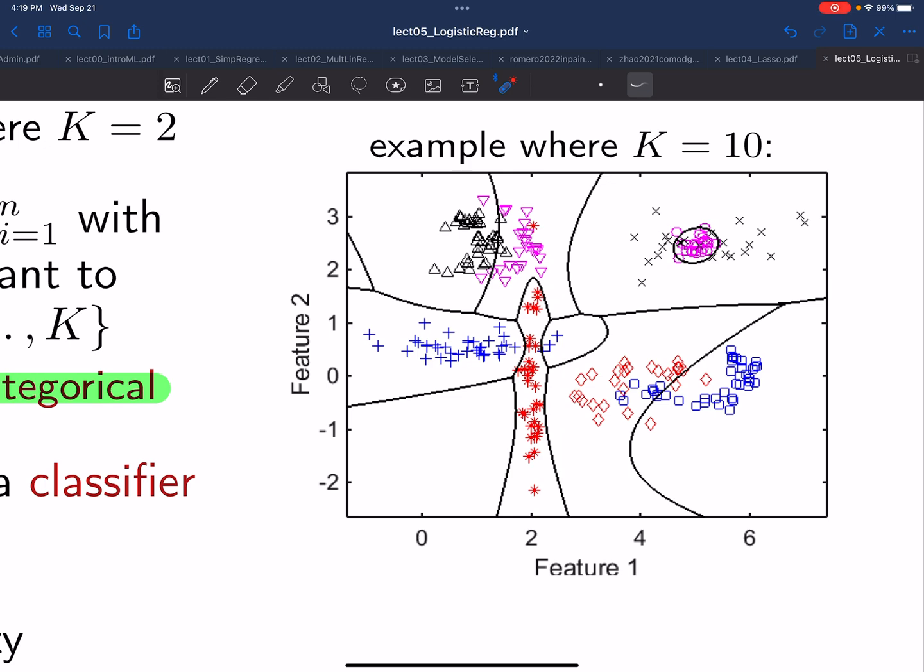We would like to build a classifier that carves up this space into different regions, where whenever the test sample falls in, let's say, this region, then that classifier will report that it thinks it's of the red star class. For this particular classifier, we have some very nonlinear boundaries. So that would not be a linear classifier. As we'll see, this would be some sort of nonlinear classifier.